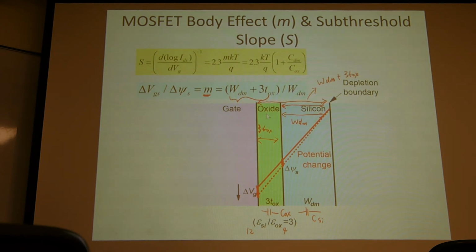That is the total voltage you apply here. Because the voltage drop on the oxide, the voltage drop on the silicon, that is the gate voltage you apply. But how much show up in the surface potential, which is only silicon part? That is only this W_DM, only this part. So it's a voltage divider. So that's why you have this body factor, which is this one, which is the same as this one.